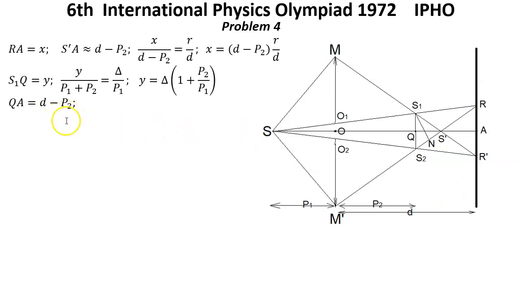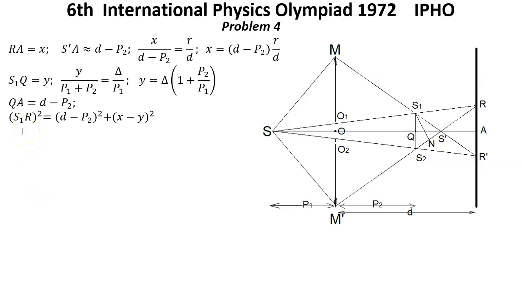So now we have all parameters for the prism S1R, R prime, S2. That's a right prism with a known basis and no height. So from here we can find the distance difference between S2R and S1R. Let's count it.